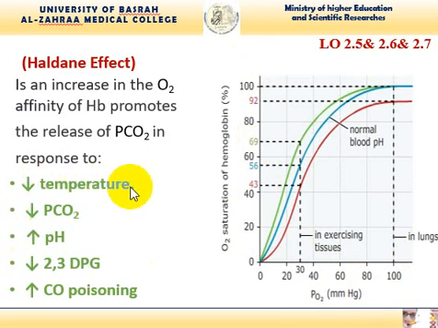In case of low temperature or low carbon dioxide, and in case of high pH and low 2,3-diphosphoglycerate, and also in case of carbon monoxide poisoning, the curve will be shifted to the left, and this means that the hemoglobin has a high affinity for oxygen, which means that the hemoglobin is not ready to release the oxygen.